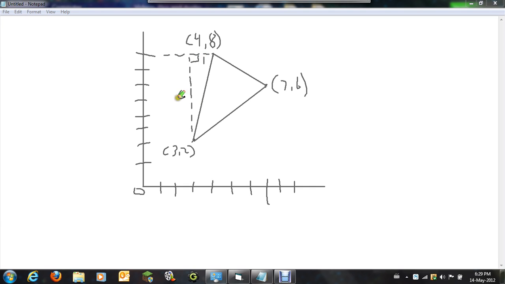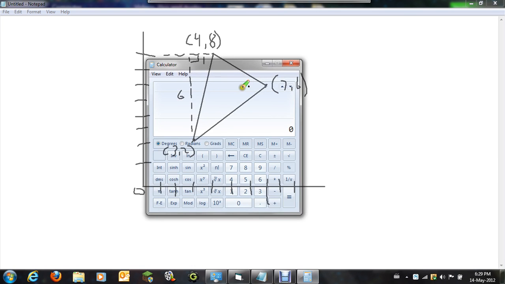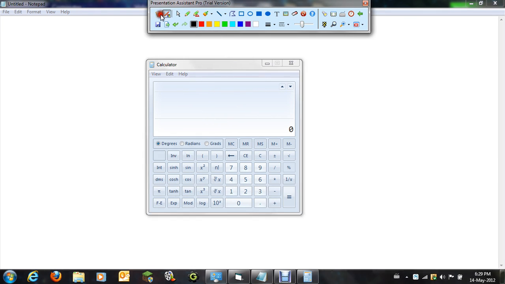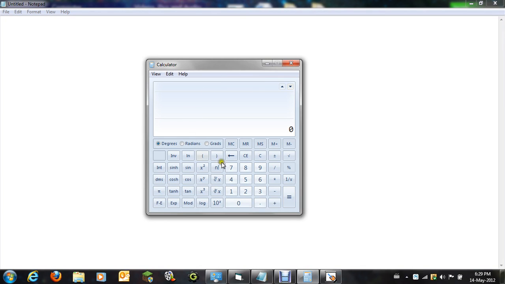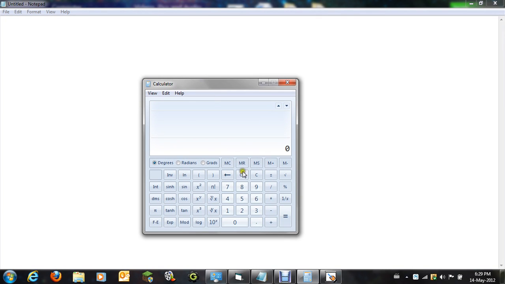And using Pythagoras, we say that the square of 6 is 36, I believe. 6 times 6 equals 36. And then the other one was 1, so 1 times 1 is 1.